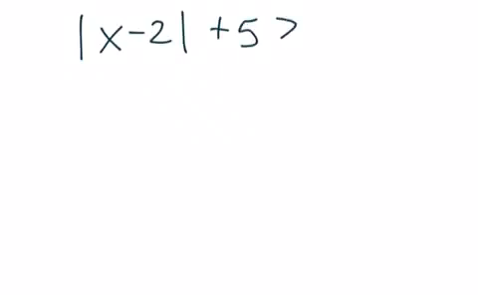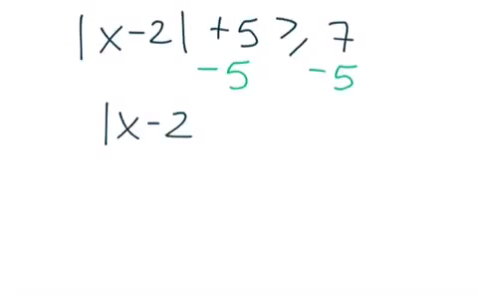Last but not least, I have absolute value of x minus 2 plus 5 is greater than or equal to 7. So again, I need absolute values by themselves, so I'm going to subtract the 5. If there had been something out in front multiplying, I would have divided by that, but there's not in this case. So now I've got absolute value of x minus 2 is greater than or equal to 2.